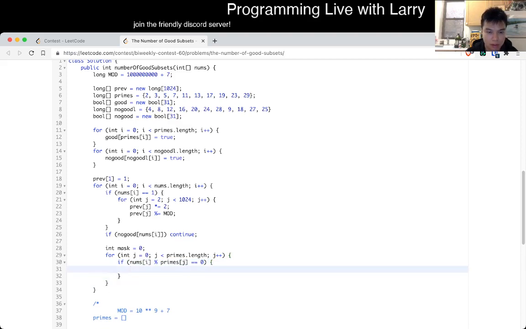So the mask is, okay, and then now we just do this again.